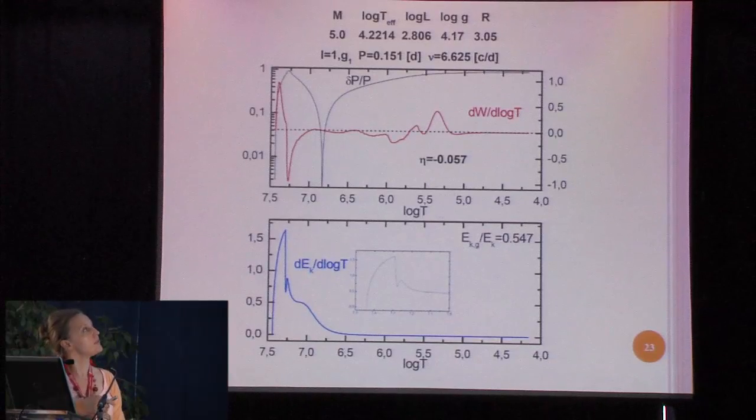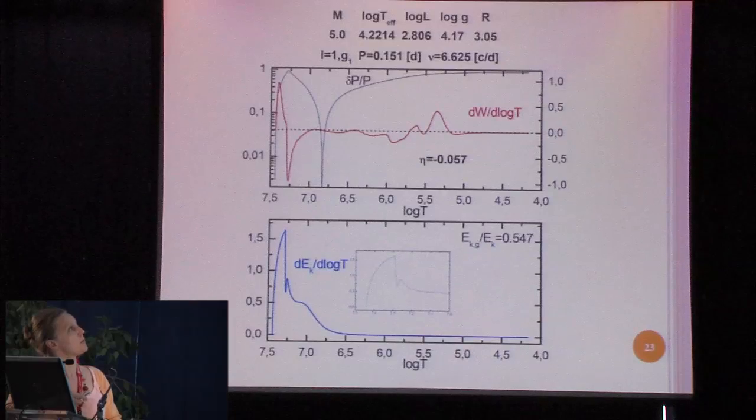And this is a very interesting mode, which surprised me very much because I never saw such a differential work integral for a model on the main sequence. What you can see here is that there is some driving very deep in the star, where the nuclear energy is generated.